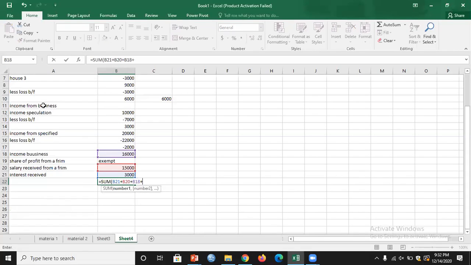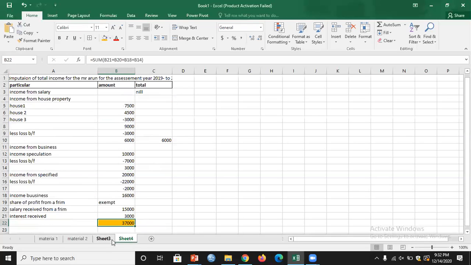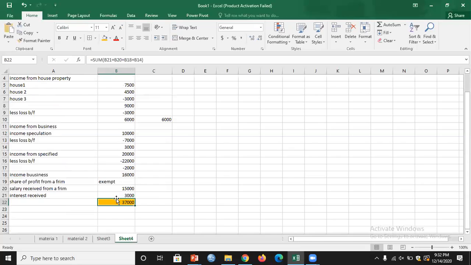We can add the income from speculation business, the profit of around 3,000. So then we got around 37 as an income. Then we need to deduct less current year depreciation.